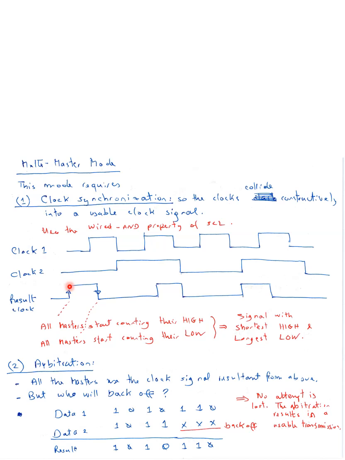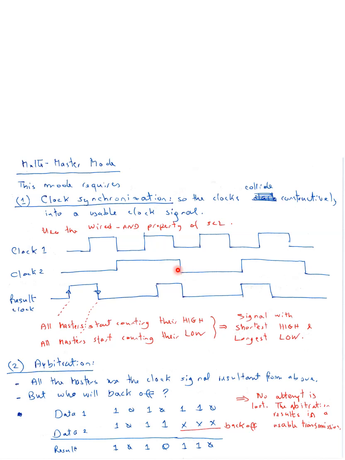What we're gonna observe on the bus is the shortest of all the high durations. Let's see why that is. The first master is gonna transmit this high duration and drop the line to low, but this master is gonna transmit this high duration and drop the line to low.